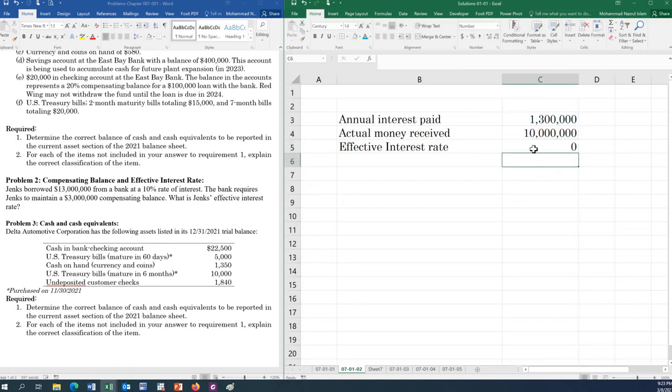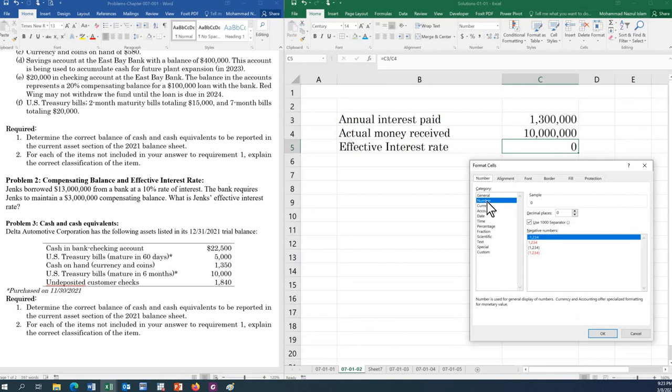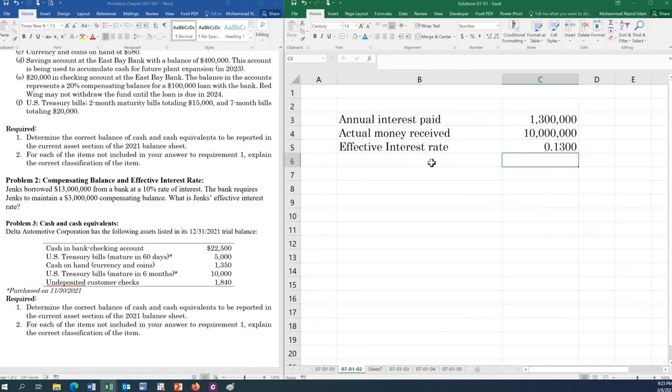It should be the annual interest divided by this. So the effective interest rate is equal to 13%. Actually we borrowed at 10%, but the effective rate is 13%. I hope you got it.